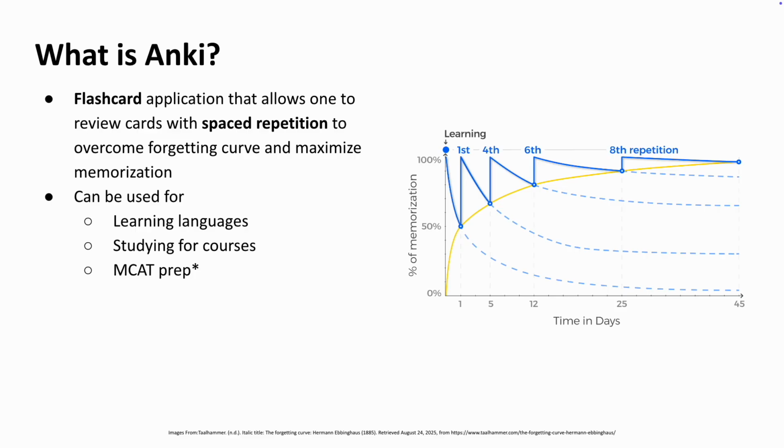If you look to the right, you might have seen this graph before. It's called the forgetting curve. The first time you learn something, the forgetting curve goes down exponentially, very drastically. But if you try to recall it, doing flashcards or something, then you gain the memory again.